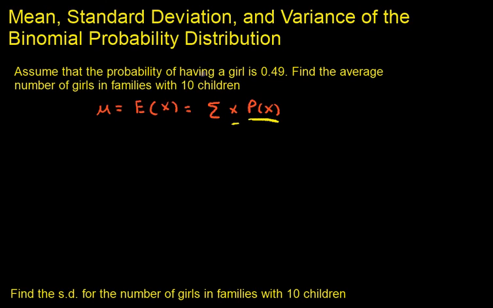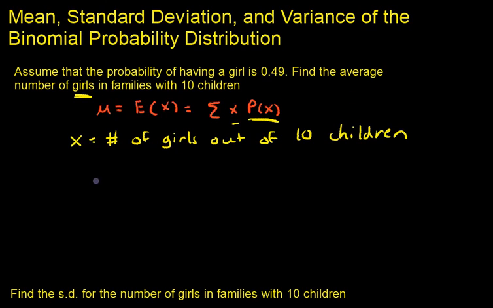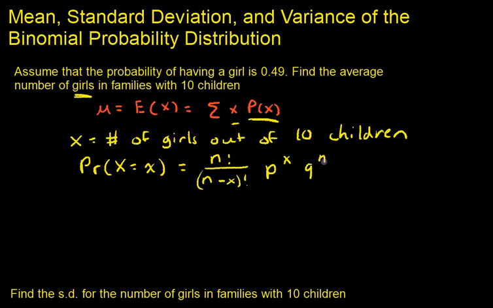So x is the number of girls out of 10 children, and x is binomially distributed, so the probability that x equals some particular value is given by the formula with p to the x, q to the n minus x.